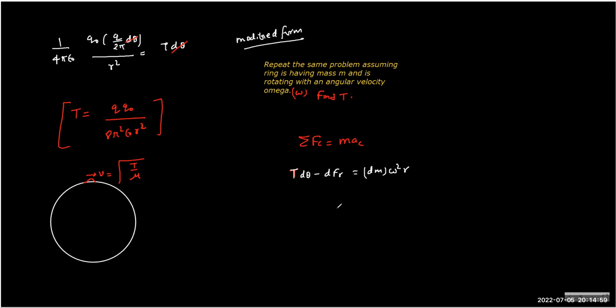So this part is clear. The net force equals mass into acceleration. Mass is dm and acceleration is omega square r, right?